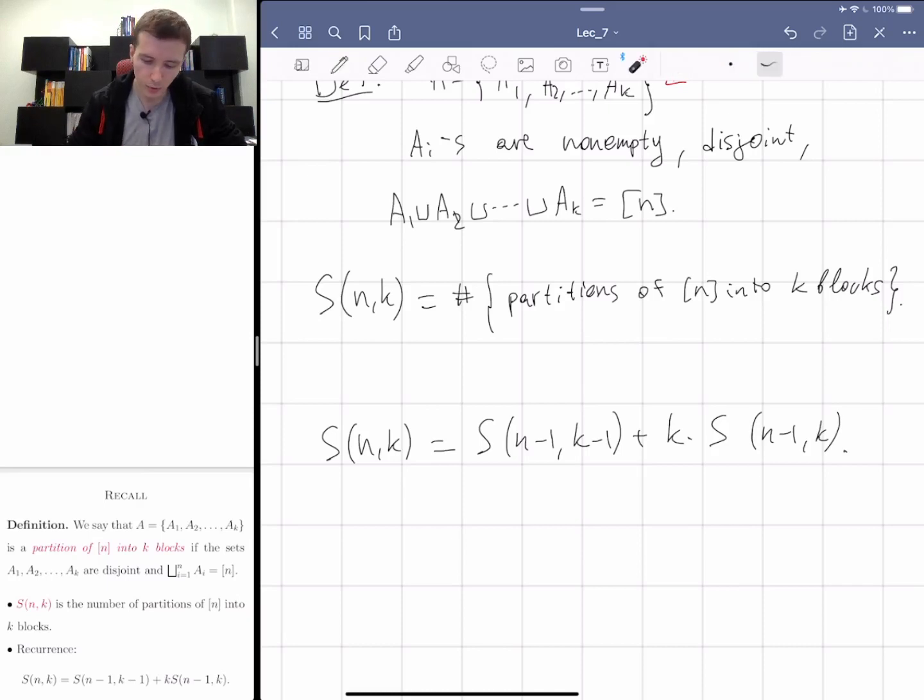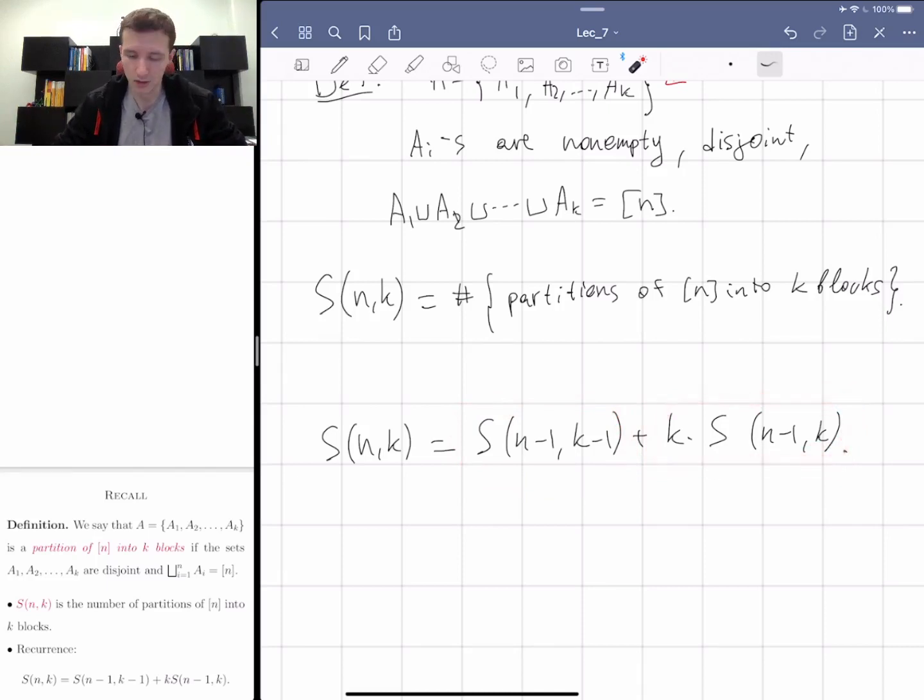The idea of the proof was you look at your partition and the block which contains the last element n. If it's a singleton block, you get this many options, and otherwise you can remove the element and still get k blocks, to which you can add the extra element in k different ways.